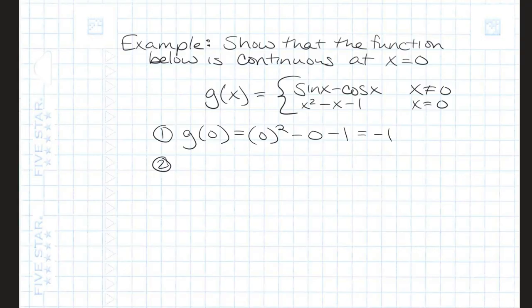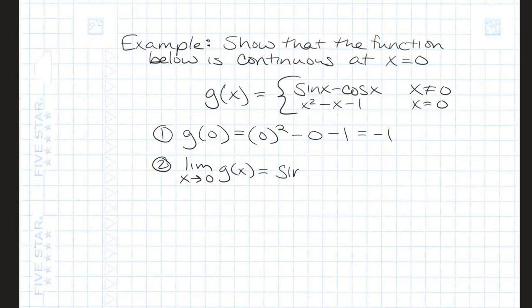Part number 2 is for us to check the limit. If we want to know the limit as x approaches 0, am I plugging 0 with direct substitution into the top part or the bottom part of this piecewise function? As I'm approaching 0? Top. Remember, x not being equal to 0 means everywhere else it is. So as I'm getting close to 0, that top business is in charge.